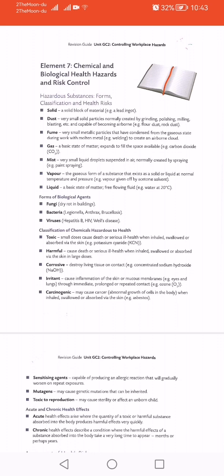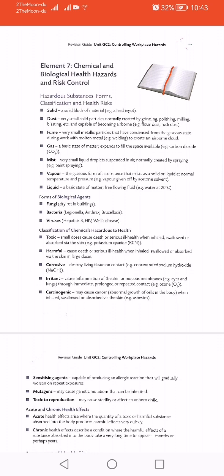Vapor is given off by acetone solvent. If you are cooking items, the gas that comes up due to heat or cold, or a distillation process, is also called vapor.